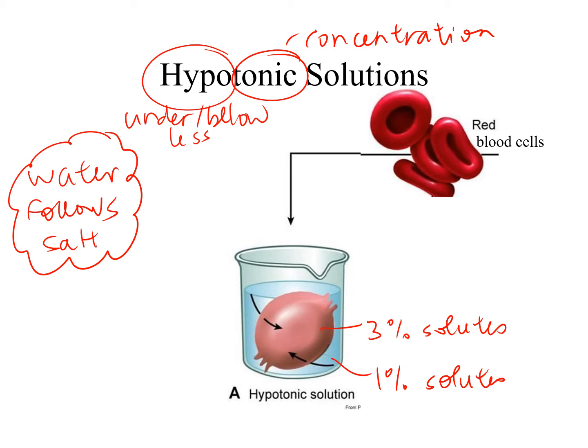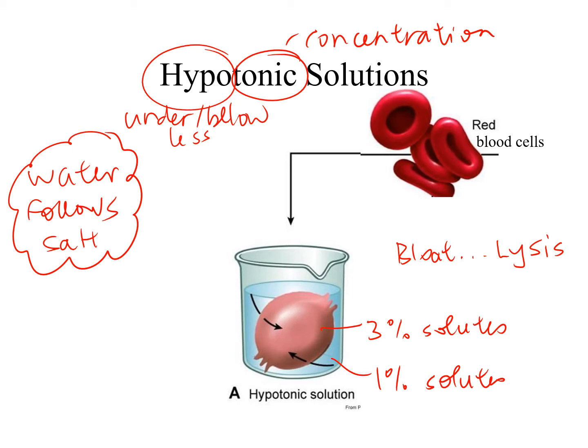That means that water will enter this cell. As a result, this cell will bloat, and it takes in water until it reaches equilibrium with its environment. Well, that may never happen because this cell may eventually rupture, and that's a term that we call lysis. So hypotonic solutions end up having cells bloat in size and may eventually rupture.